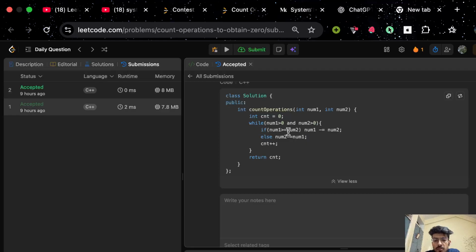If num1 is greater than or equal to num2, I am updating num1 to num1 minus num2. Otherwise I am updating num2 to num2 minus num1, and increasing my count, and at last I am returning count. So it is an easy solution, or you can say it's a brute force solution.